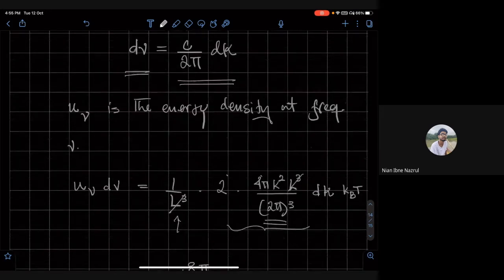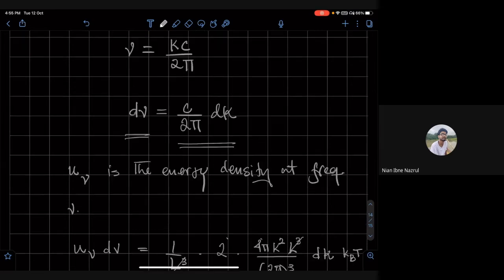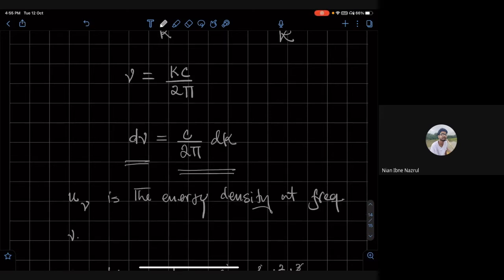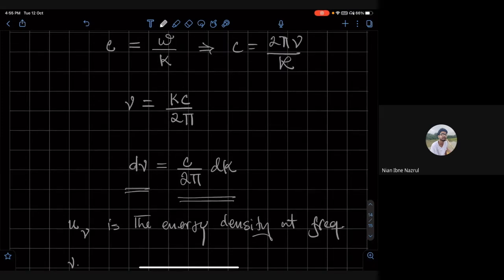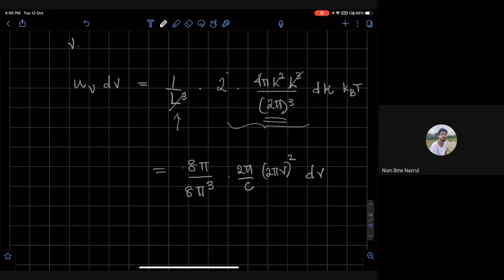So dk is 2 pi by c d nu, and k squared is going to be 2 pi nu squared divided by c squared, right? So here we have 8, 8.